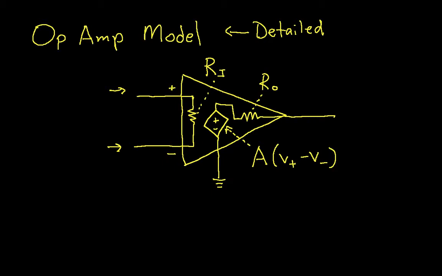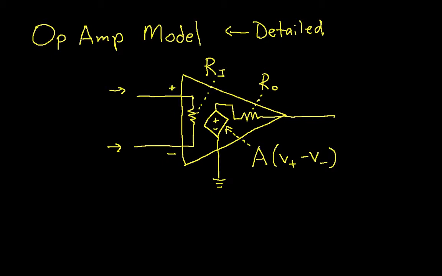Inside a real op-amp circuit, there are somewhere between 20 and 40 transistors and a lot of resistors, and a whole lot of effort has gone into the design. So this is a much simpler model than the actual circuit, but this is what we call a detailed model because it shows the input resistance, the output resistance, and the gain.